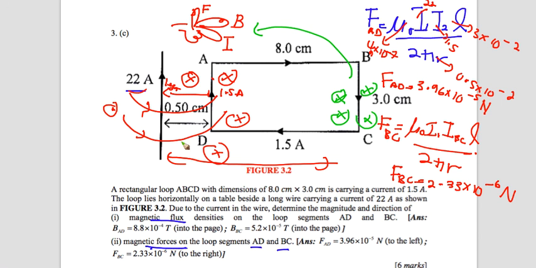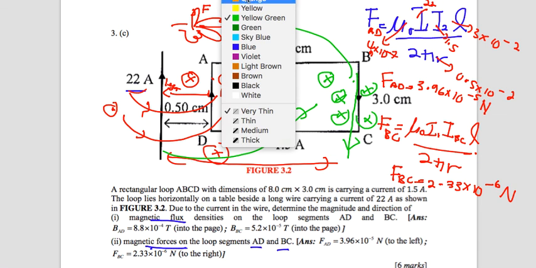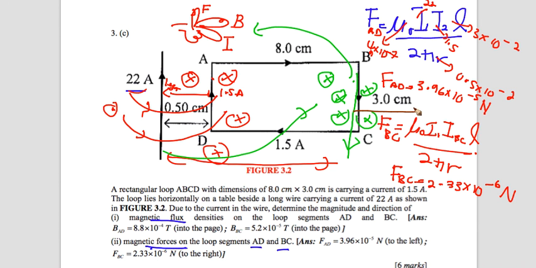The direction of the current I is downward, and B is into the page. Using the left hand, the direction of the force is to the right.